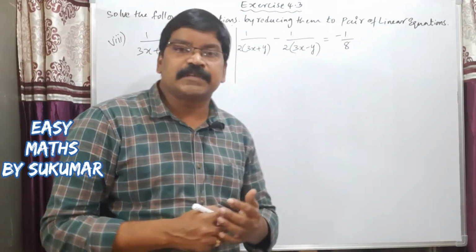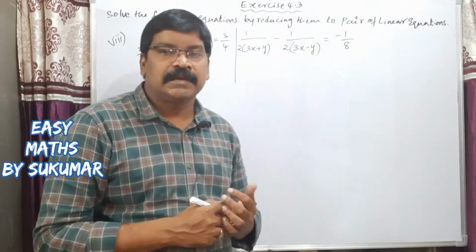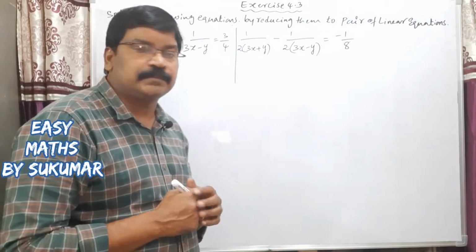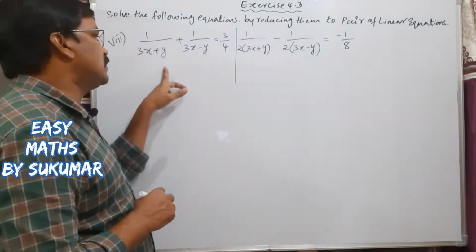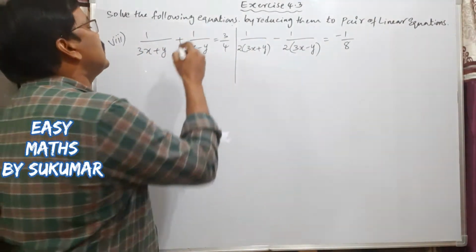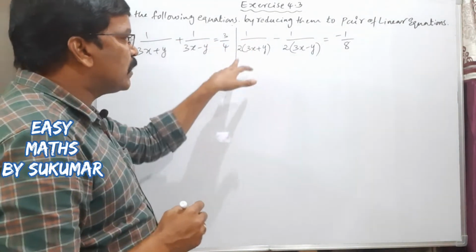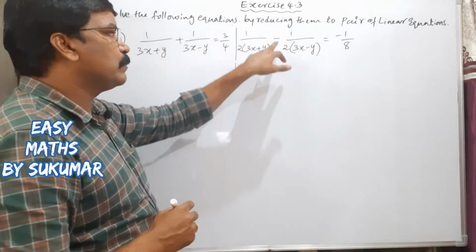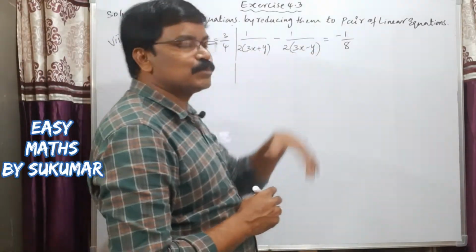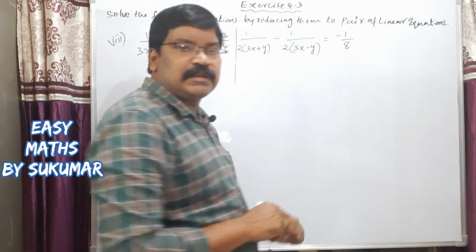Coming to the last bit in this first set, in this exercise 4.3, 1 by 3x plus y plus 1 by 3x minus y is equal to 3 by 4, and 1 by 2 times 3x plus y minus 1 by 2 of 3x minus y is equal to minus 1 by 8.